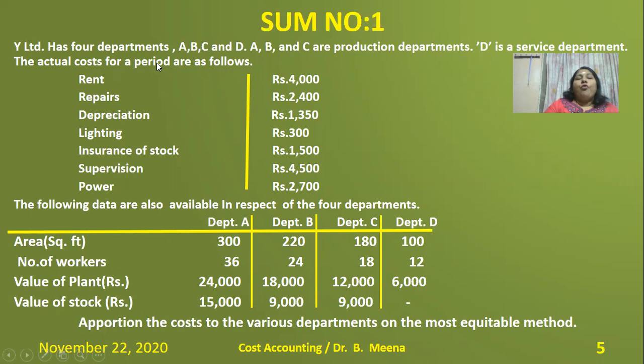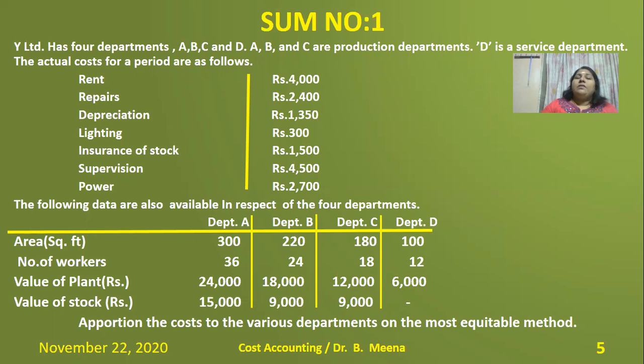Why limited to 4 departments, A, B, C, and D? Whenever you are preparing a primary distribution summary, you need to first come to a conclusion on which are the production departments and which are the service departments. That conclusion you need to take whenever you are preparing a primary distribution summary.